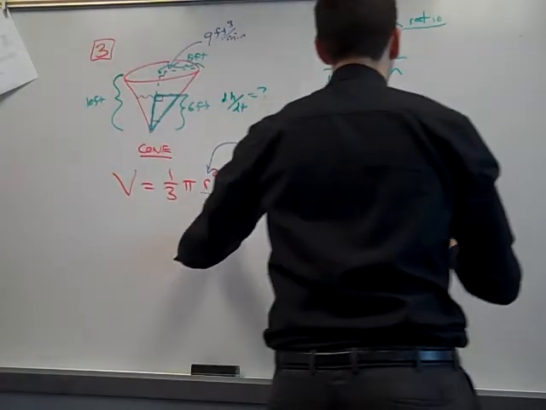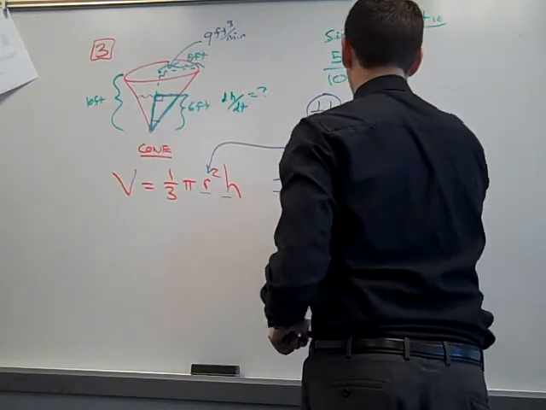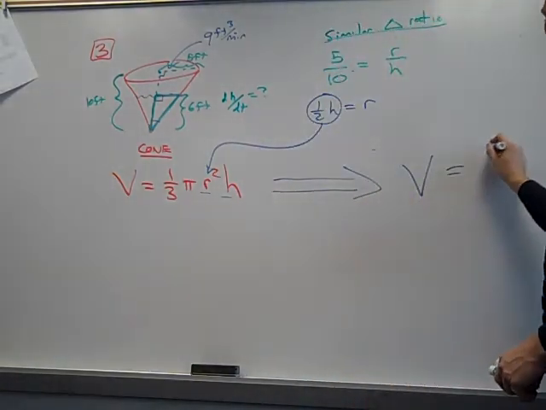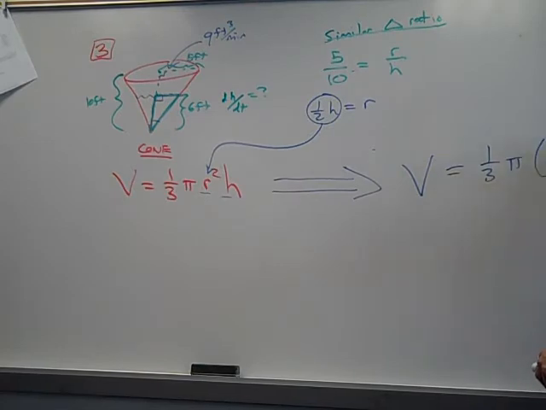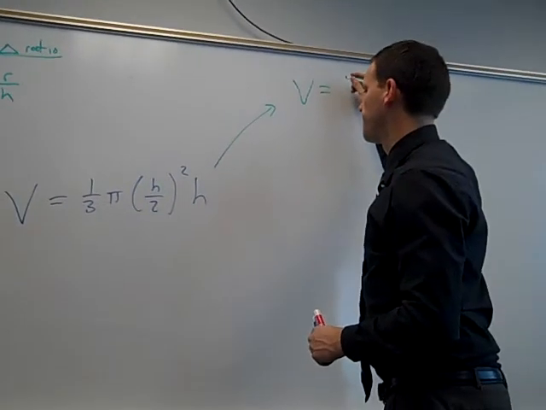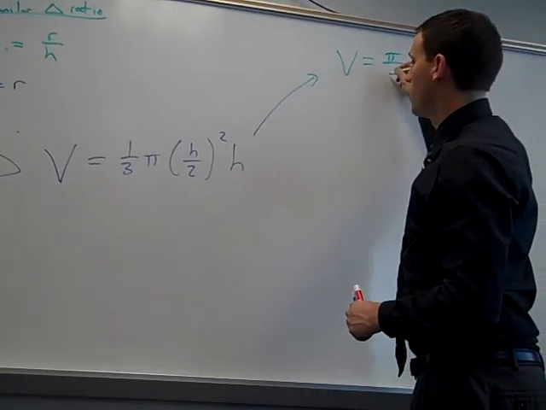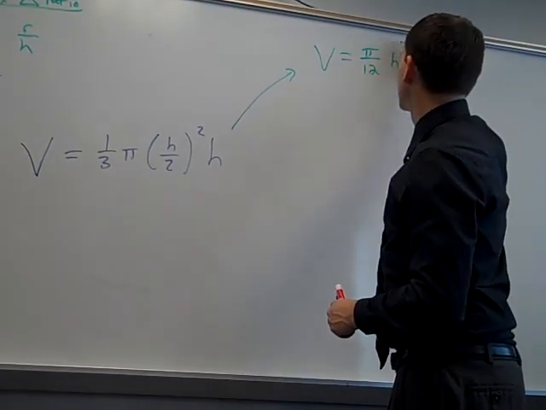So the volume now turns into V equals 1/3 pi (h over 2) squared h, which is V equals pi over 12 h cubed.